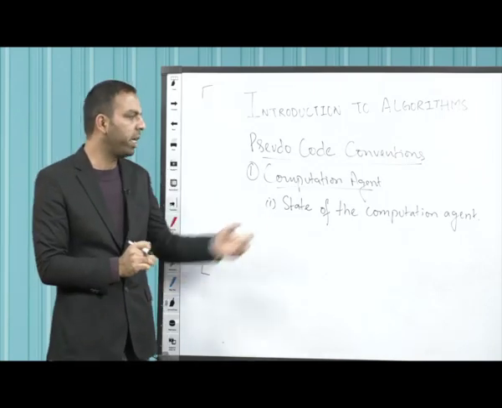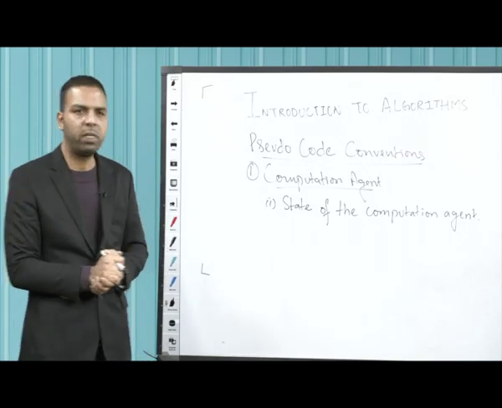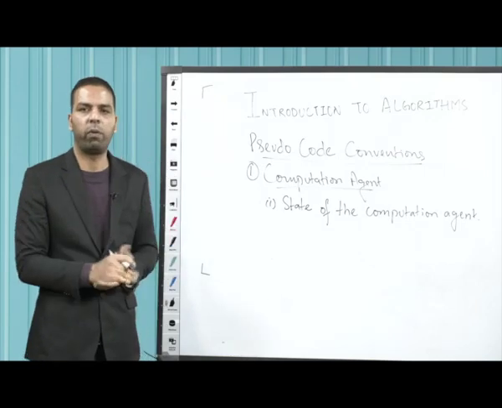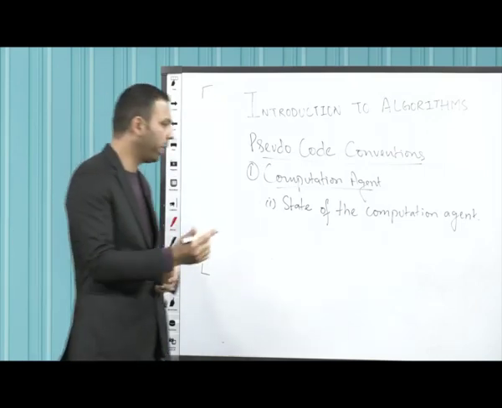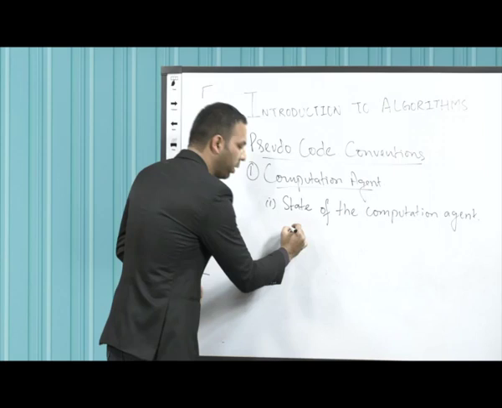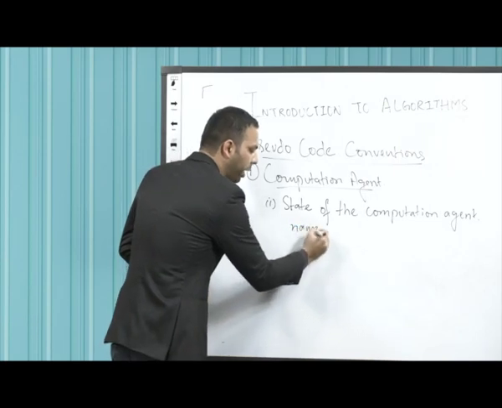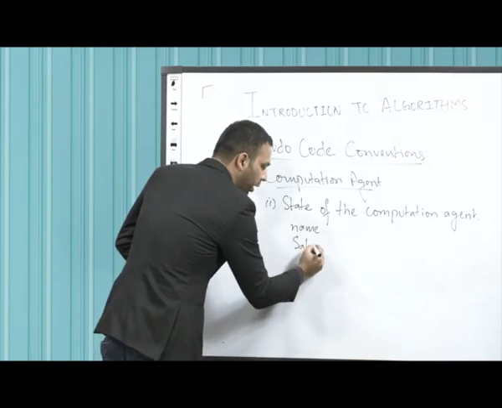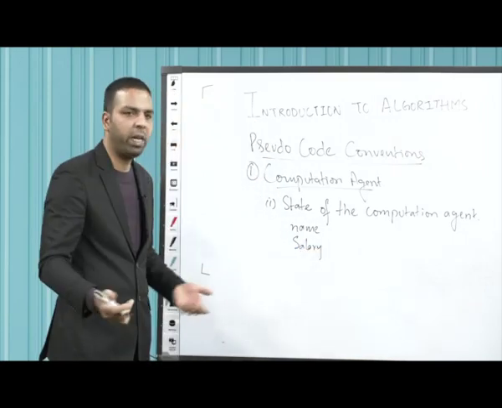To save the state of a computing agent, you simply need variables, and you use simple names for your variables. For example, to save a name, you will write simply name. You have to save salary. So what are these? These are simply variable names.